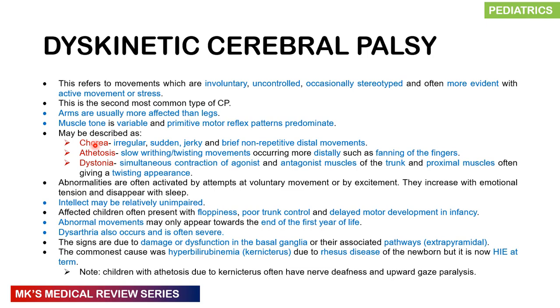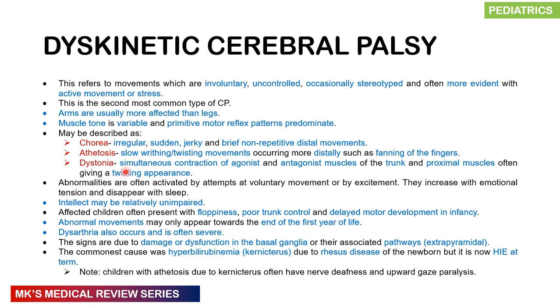Then athetosis, these are slow writhing, or you can say slow twisting like movements that occur in the distal areas, like, for example, fanning out of the fingers repetitively, and this is what we refer to as athetosis. Then dystonia is where we have simultaneous contraction of both the agonist and antagonist of the trunk and the proximal muscles, which is going to give this child a twisting like appearance. So this is what we often see in patients that have dyskinetic cerebral palsy.